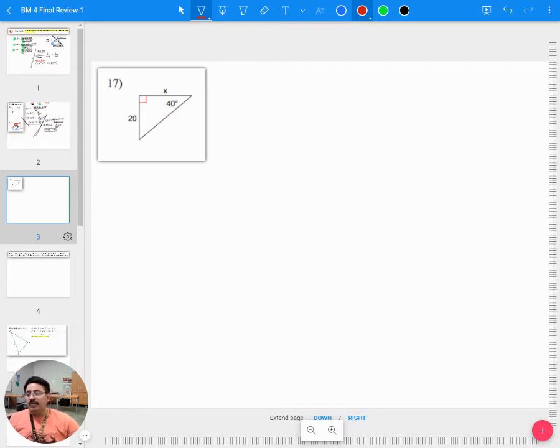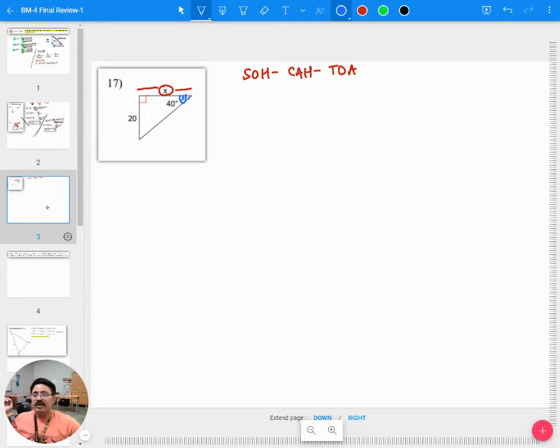Again, which trig ratio you have to use? I personally prefer to write SOHCAHTOA every time. In this question, I see that x is the missing side, and one of the angles is given as 40 degrees.